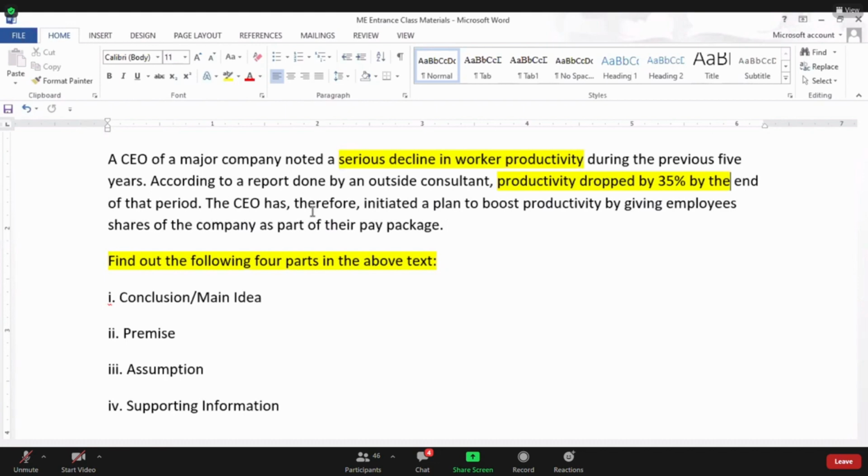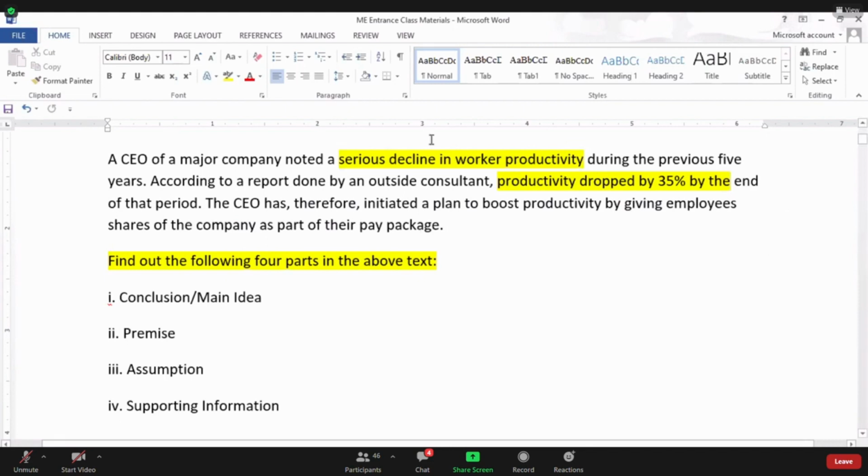Another idea is giving shares to the employees. So these are the ideas. Only two ideas. Is there a third idea? No, only two ideas.